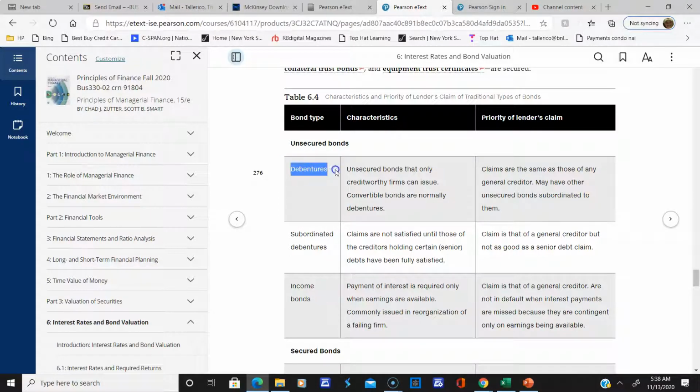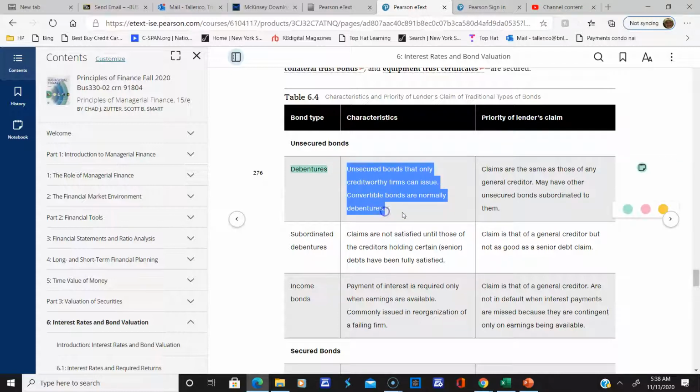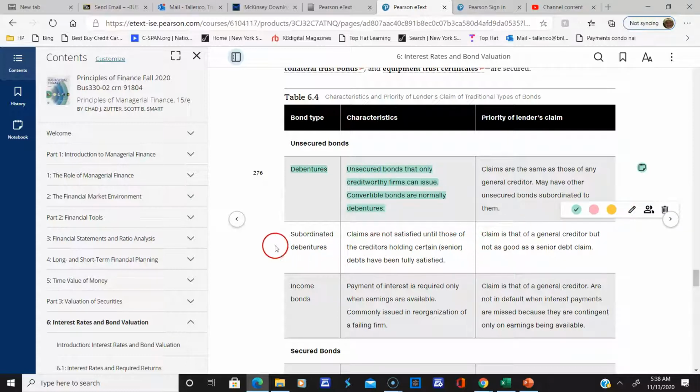It's called a debenture, and only credit-worthy companies issue these. And these can be convertibles. You can convert them to shares of stock. And then subordinated debentures: claims are not satisfied until those of the creditors holding certain senior debt have been fully satisfied.